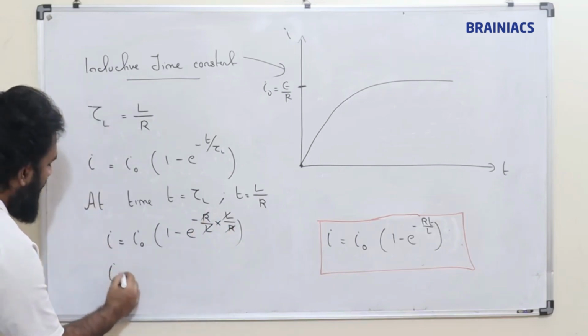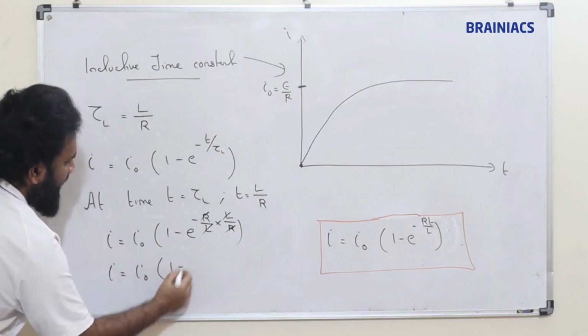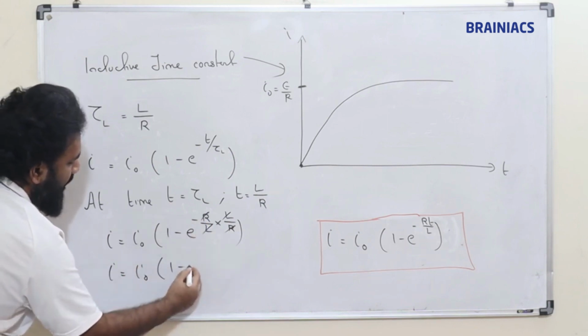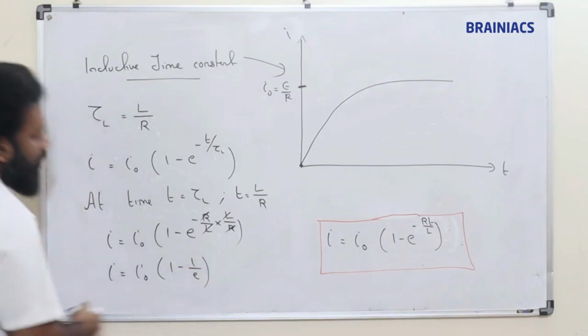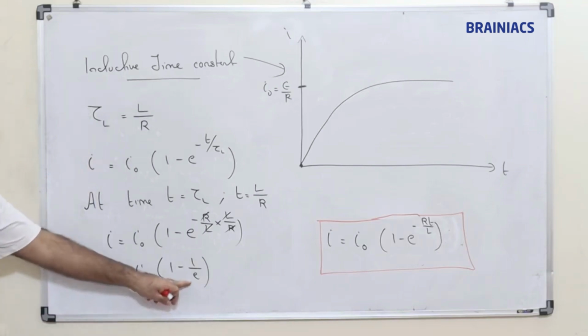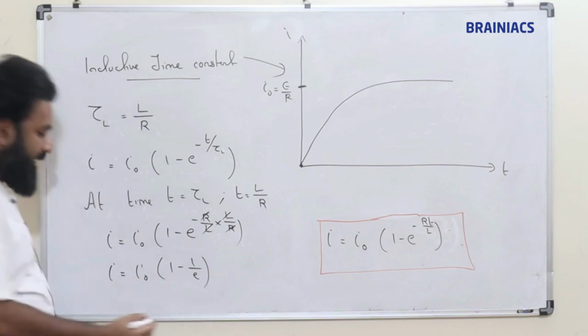So I is equal to I naught into 1 minus e raised to minus 1, which is 1 by e. What is the value of e? The value of e is 2.718.